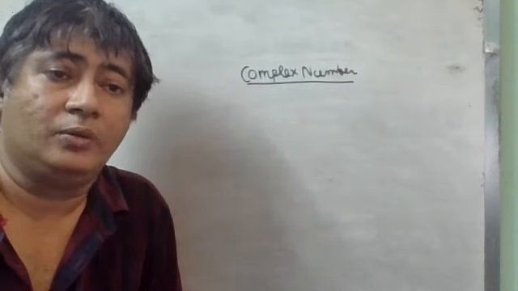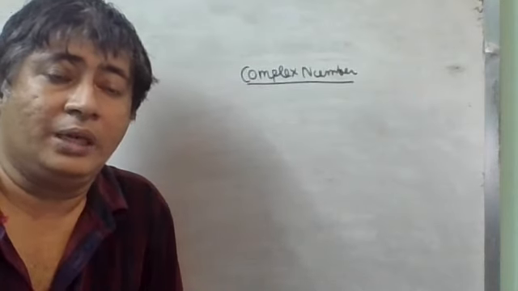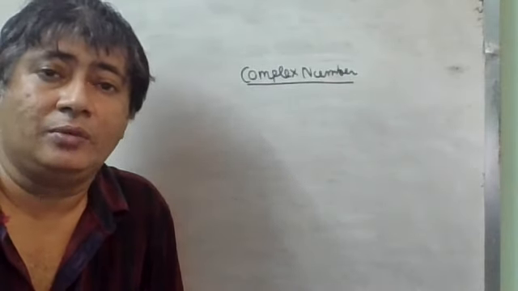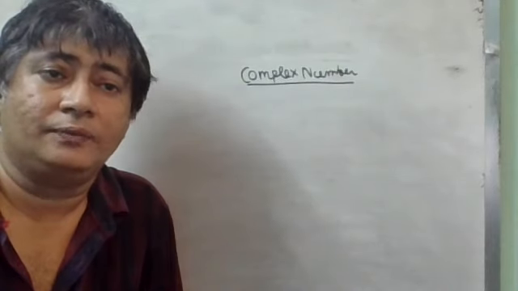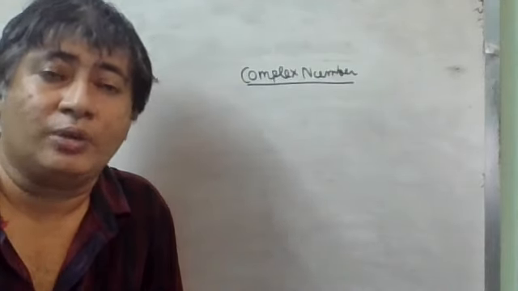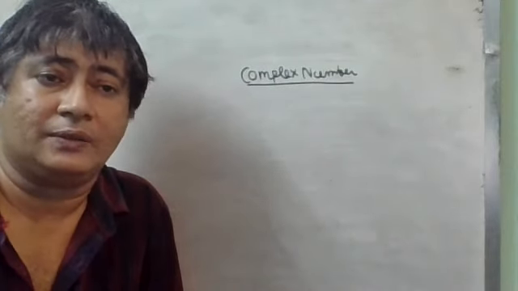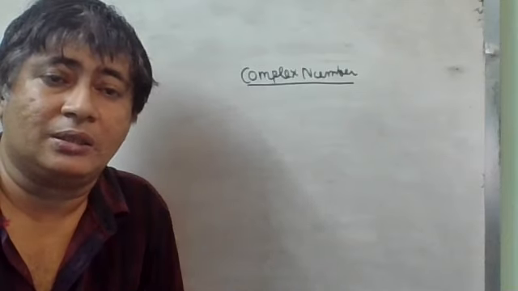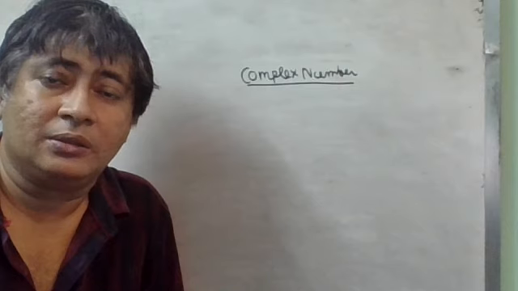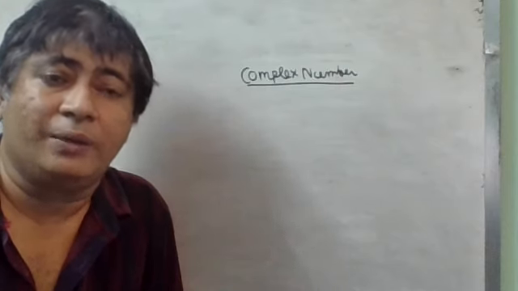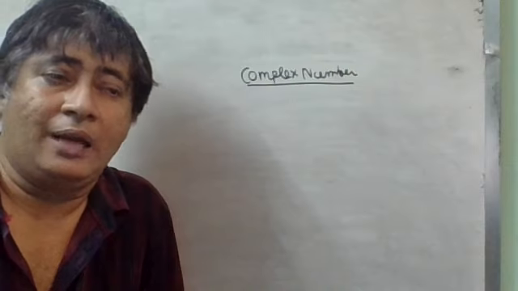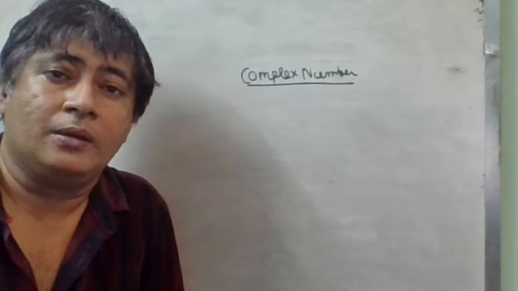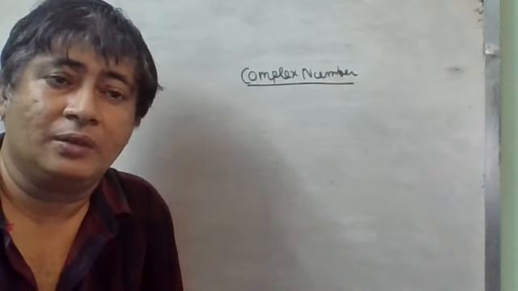Last video, we had pursued the chapter complex number. What did we cover in that video? The introduction of complex number was discussed, and a few basic properties including modulus, argument, the principal value of argument, and the relation between coordinate geometry, complex number, and vector were discussed.